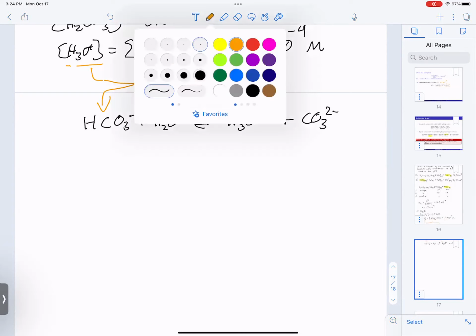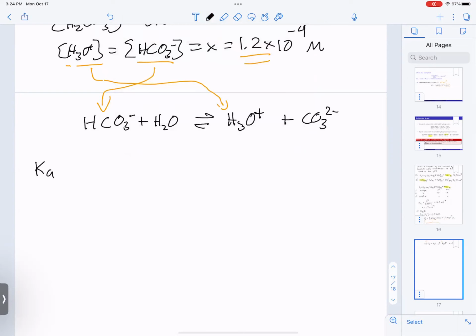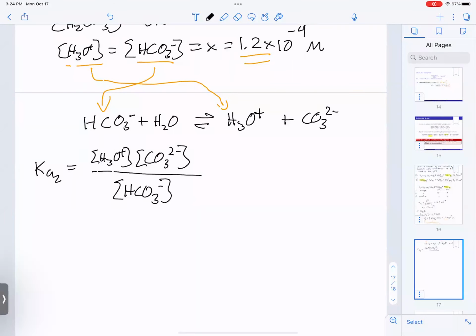So let's write out our Ka2. We know that for this reaction, we've got a concentration of our products here, which is H3O plus, CO3 2 minus, and the CO3 2 minus, that's one we don't know yet. That's our goal in carrying out this second calculation here.